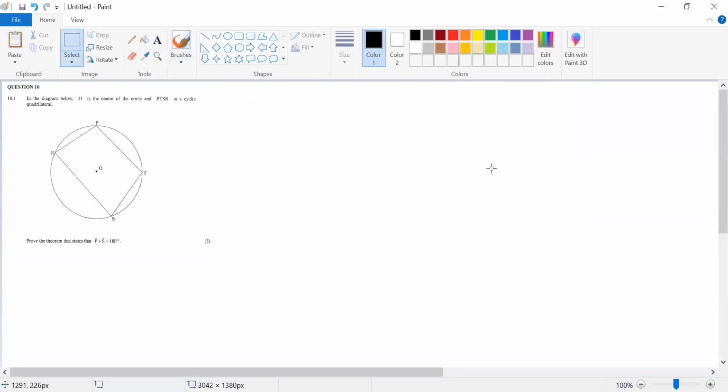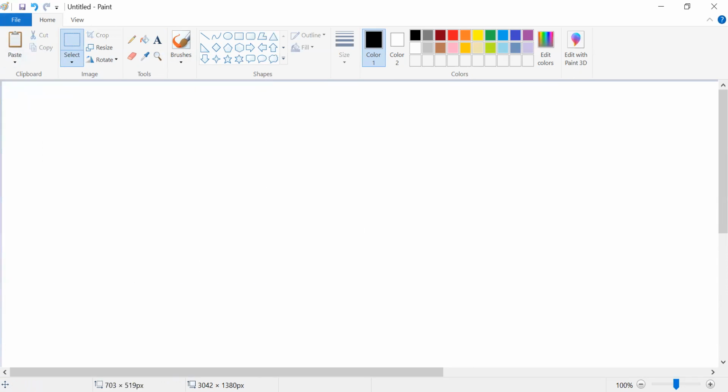For 10.1, you can see that they're asking you to prove that opposite angles in a cyclic quadrilateral are supplementary, or the sum of them is equal to 180 degrees. So knowing that this is what they're asking you in 10.1, that means that in 10.2, most likely you're going to be using some concept relating to that.